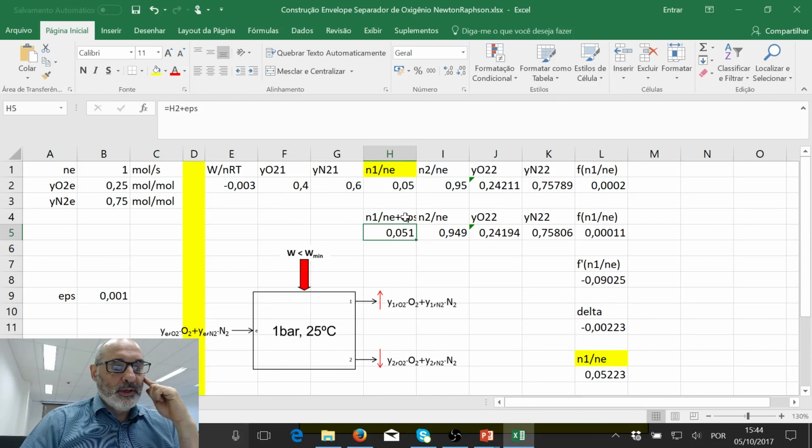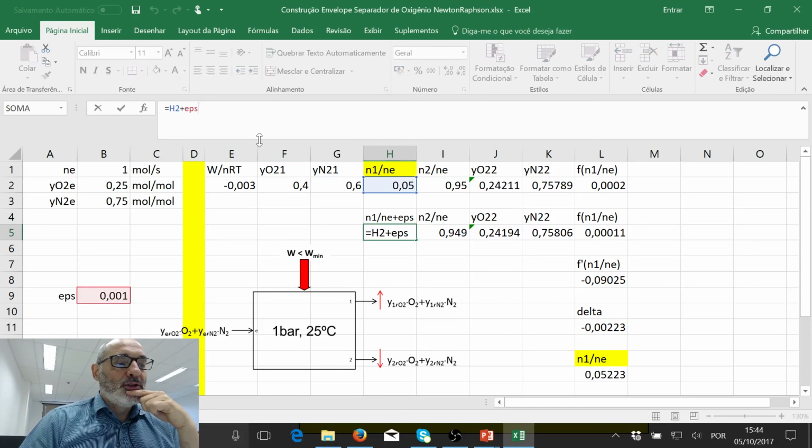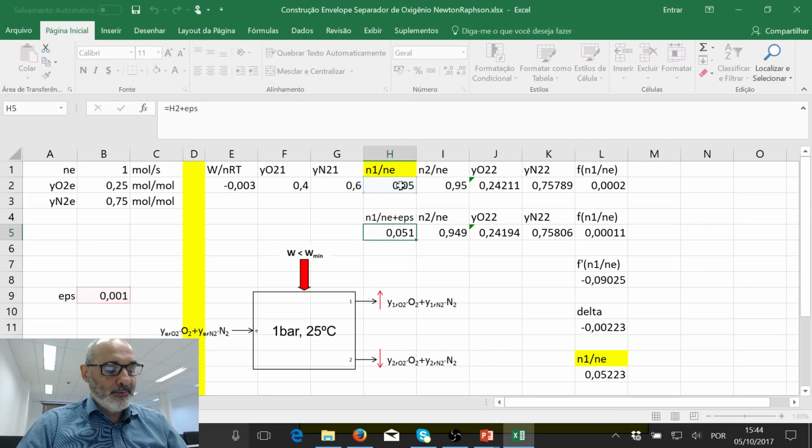Here I have the variable N1 divided by Ne plus a disturbance, epsilon. So H2 plus epsilon. H2 is the cell where I have my estimative.